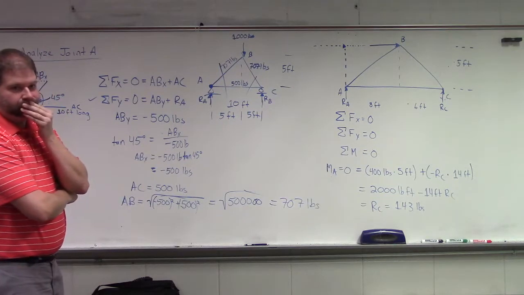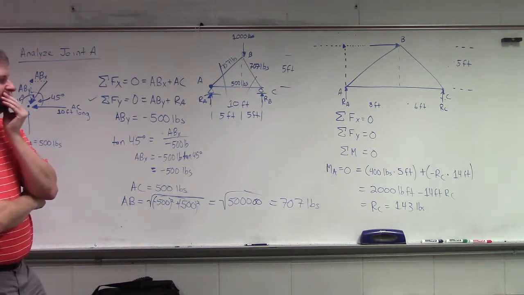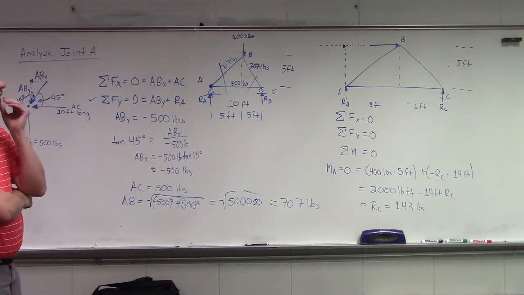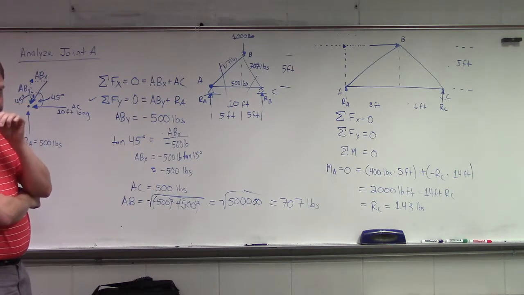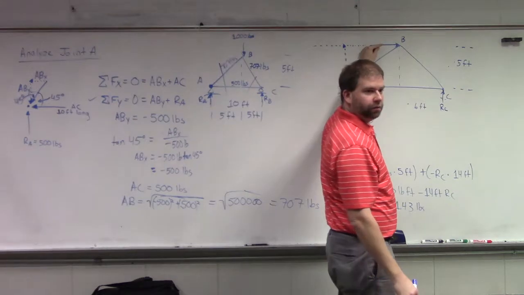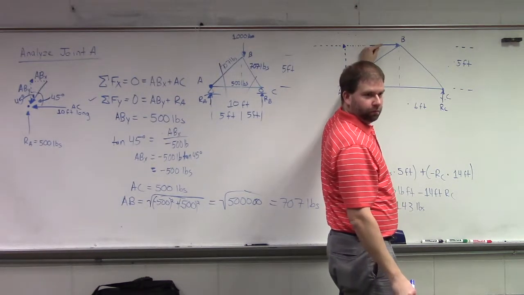Once RA, it'd be 257. I don't know that we can determine that yet, because this isn't acting in the y direction, right? That's what I'm trying to rule out.